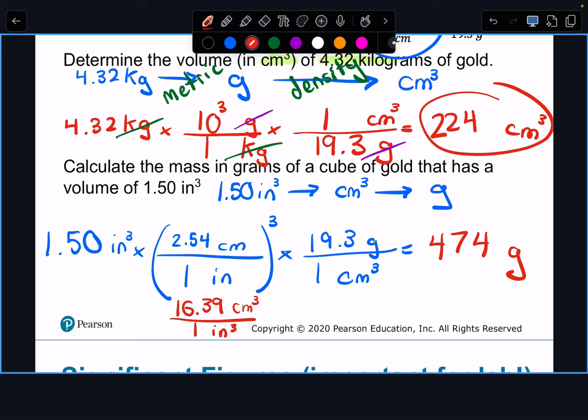Okay. The reason is because when you start a calculation and you're given an initial measurement, in this case it was 1.50 inches cubed, there is a certain precision associated with that. So they're telling you, I knew that measurement to a particular degree.